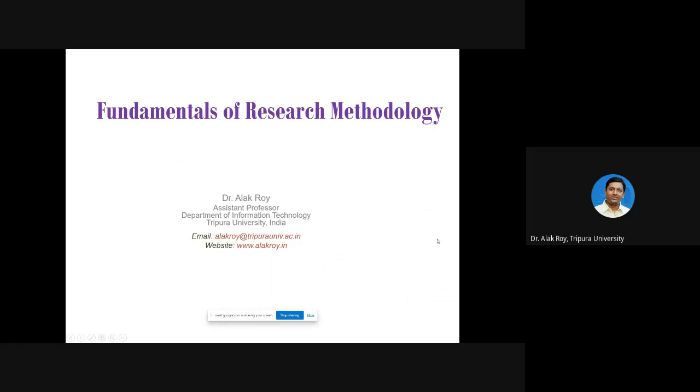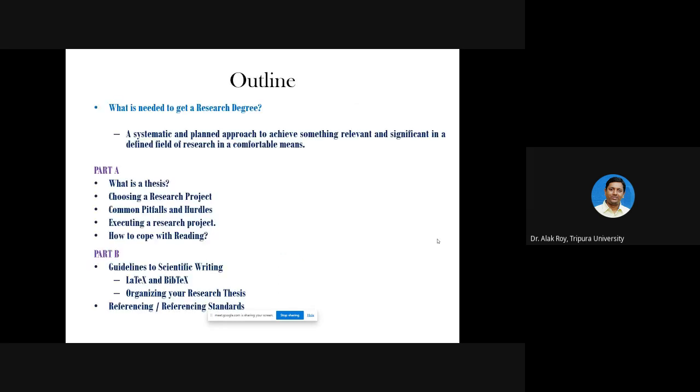Let's start. The first topic is fundamentals of research methodology. So, what is needed to get a research degree? The degree can be MTech or maybe PhD or any doctorate degree, postdoc degree.